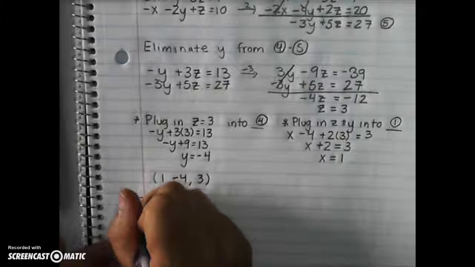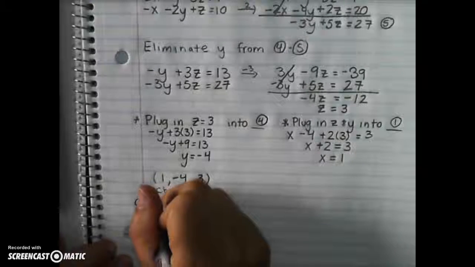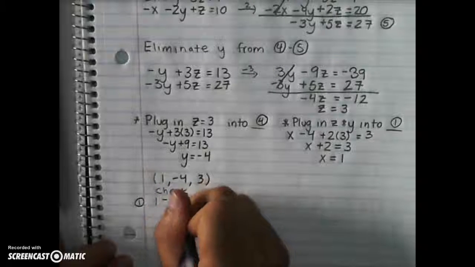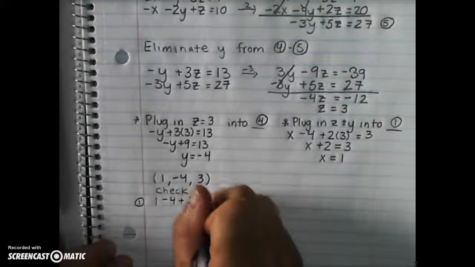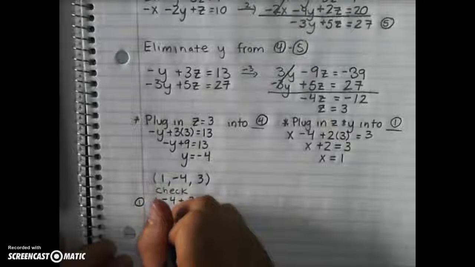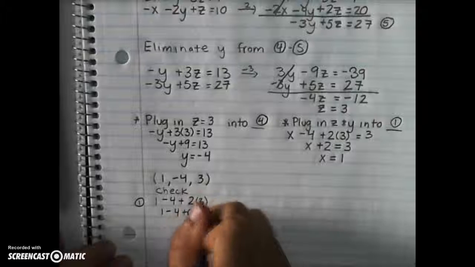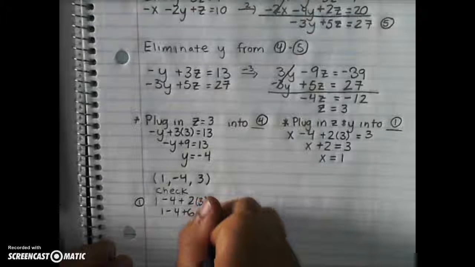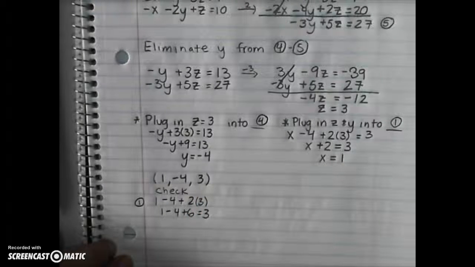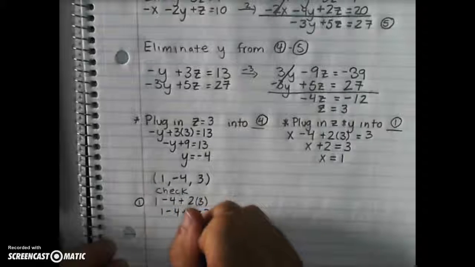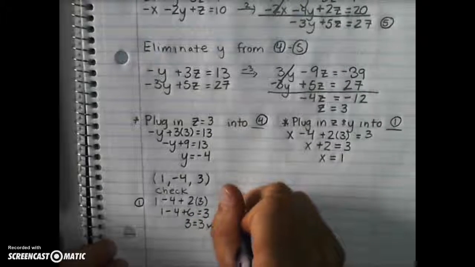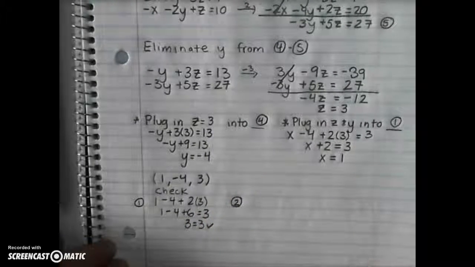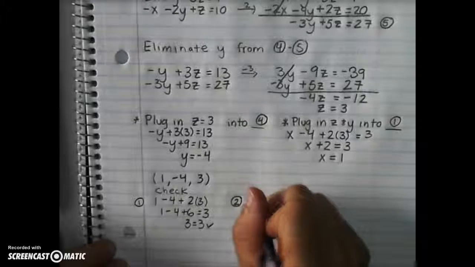So we're going to plug it into 1. 1 minus 4 plus 2 times 3. 1 minus 4 plus 6. Does that equal 3? Yes. And now we're going to check it in equation number 2. Do you have to check it in every one?